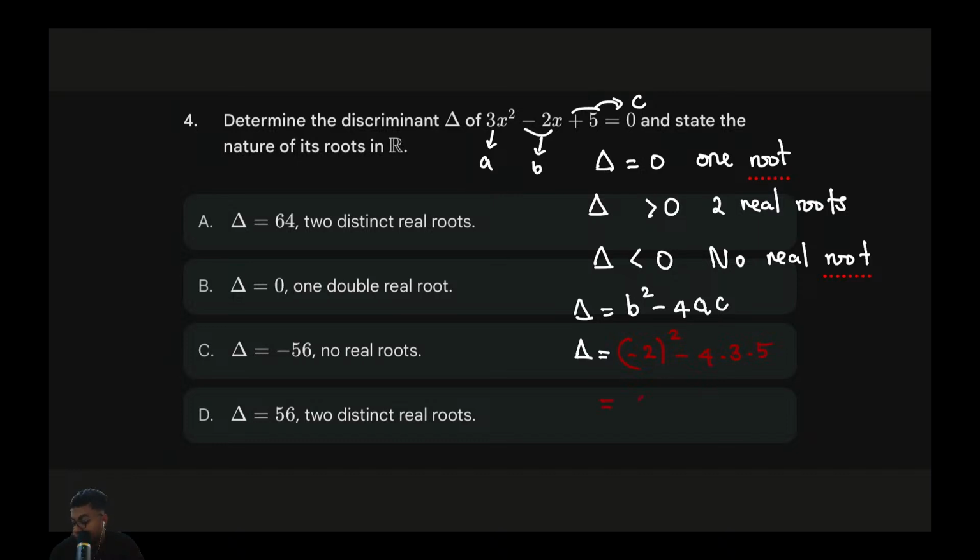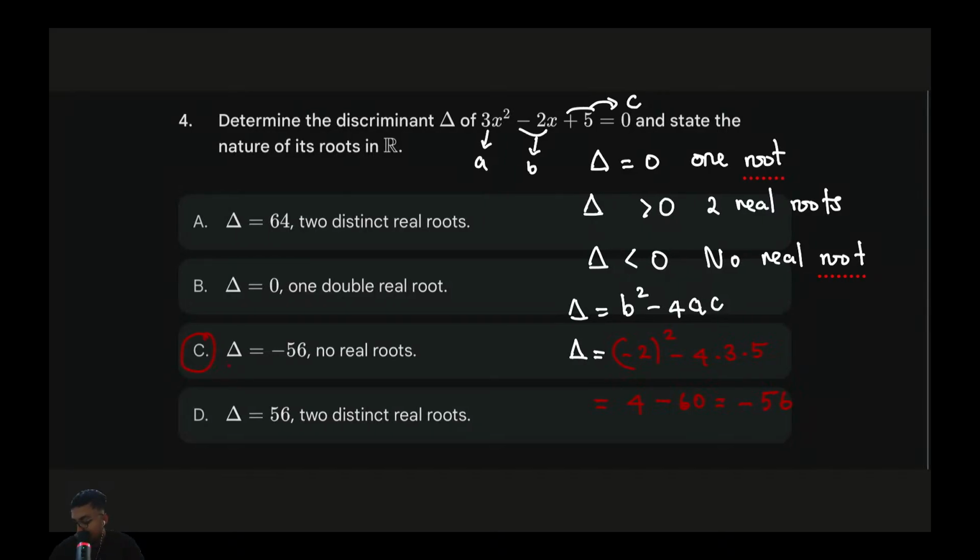So it's going to be 4 minus 12 times 5, which is 60. So I'm going to say -56, which is option C. See? Delta equal to -56 and no real roots, as I told you. Okay?